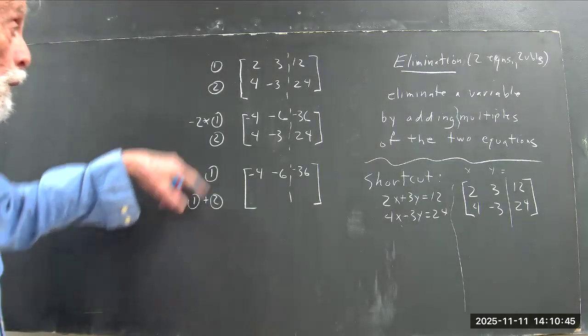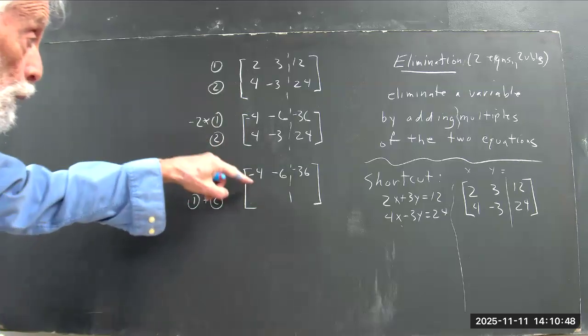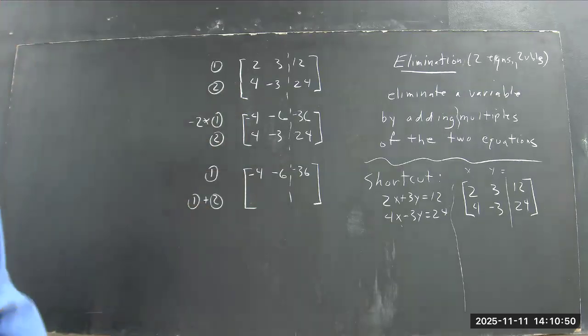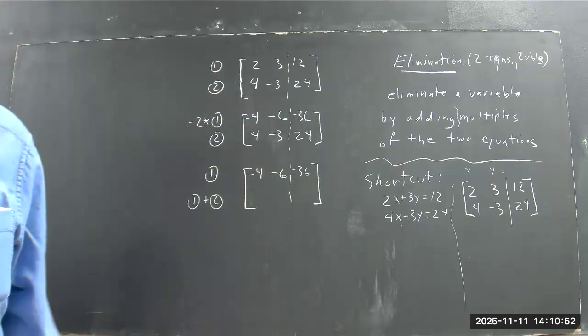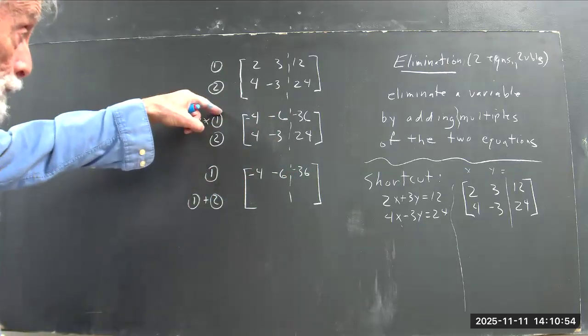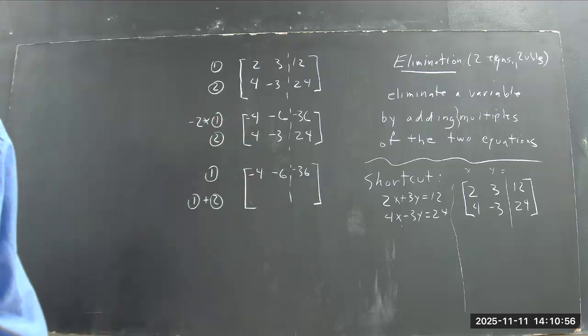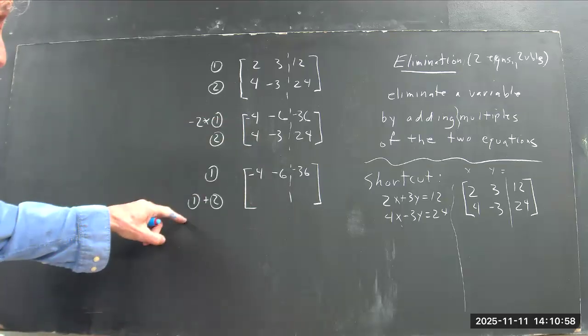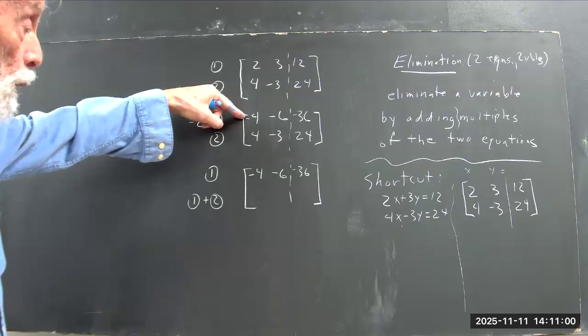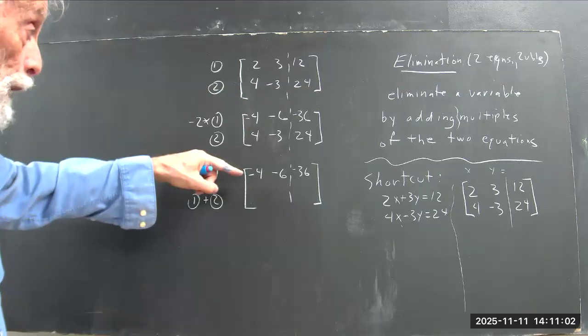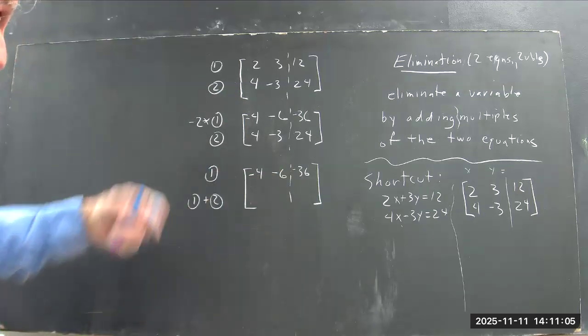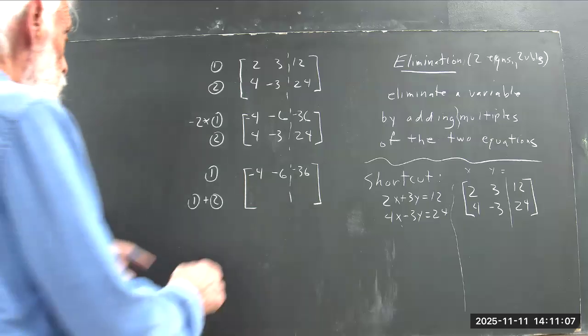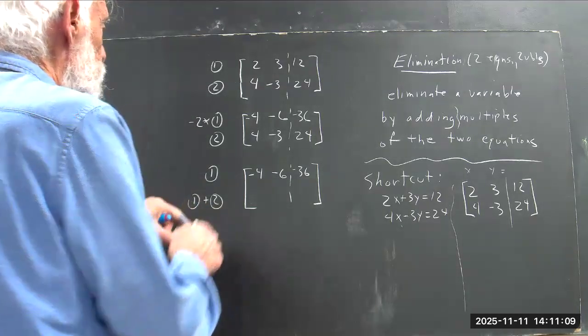Now this means row 1 of this matrix, not row 1 of this new matrix. Although it's the same, since row 1 here is the same as row 1 here, but it won't always be. So we're always referring back to row 1 up here, whether or not it's the same as row 1 here, and sometimes it's not. And we add row 2.